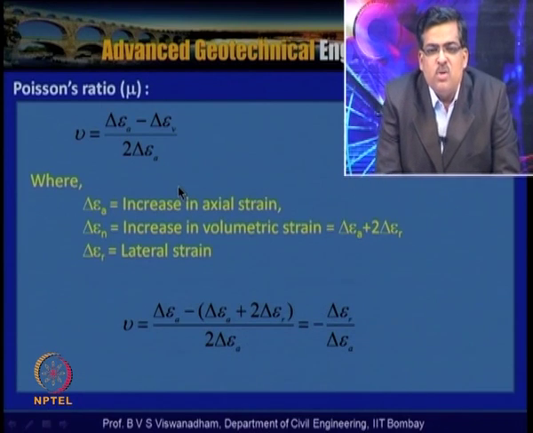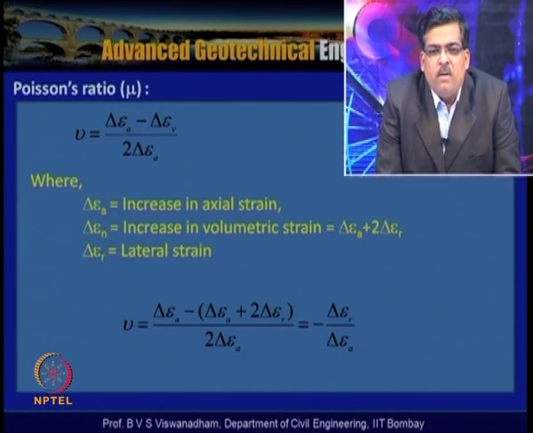Further, the Poisson's ratio can be obtained by mu is equal to minus delta epsilon v divided by 2 delta epsilon a, where delta epsilon a is the increase in the axial strain, and delta epsilon v is the increase in the volumetric strain, which is delta epsilon a plus 2 delta epsilon r for the axisymmetric triaxial test, and delta epsilon r is the lateral strain.